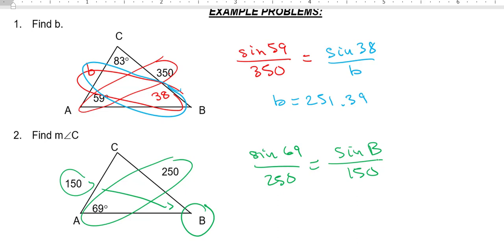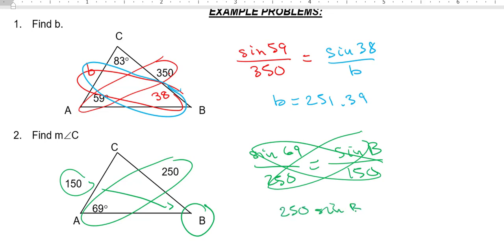And hopefully you can see here that you're going to end up needing to do some inverse sine, because you're going to cross multiply. It's going to be 250 sine B equals 150 sine 69. Divide both sides by 250.